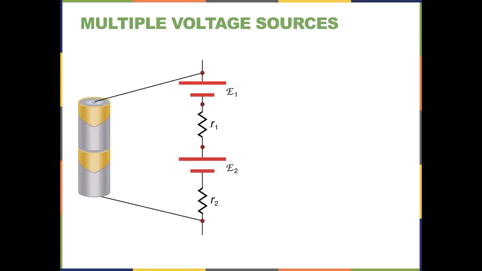Now, when you put sources together, there are many ways that you can arrange them. In this case, we've arranged two sources in series, in the same direction, so that the positive and the negative are both pointing up. Therefore, the flow for both of these is in the same direction, from the bottom to the top.